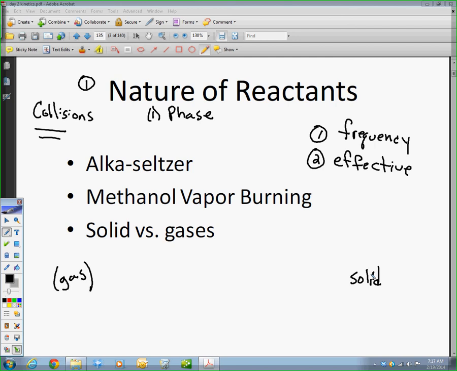And a great example of that would be like Alka-Seltzer. Alka-Seltzer tablets, an antacid. It's not really a pure antacid because what you have in Alka-Seltzer, you actually have all the ingredients that you need for a chemical reaction in the tablet itself. You have sodium hydrogen carbonate is the main ingredient, but you also have acids, weak acids.